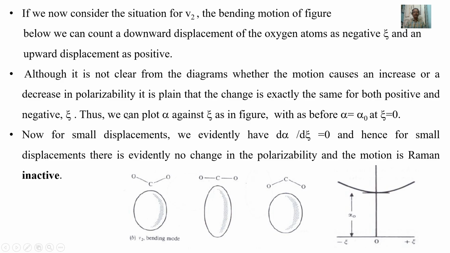Thus, one can plot alpha against psi as shown in the figure, with, as before, alpha equal to alpha naught at psi equal to 0. For small displacements, we evidently have d alpha by d psi equal to 0. Hence, for small displacements, there is evidently no change in polarizability and the motion is Raman inactive.